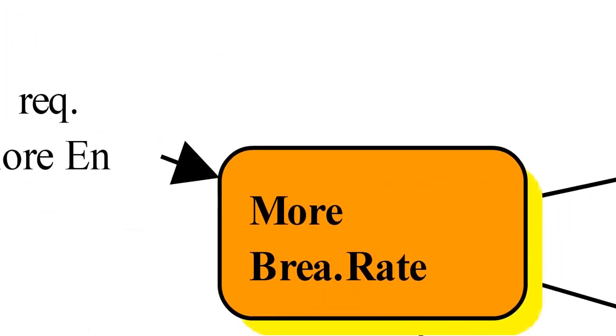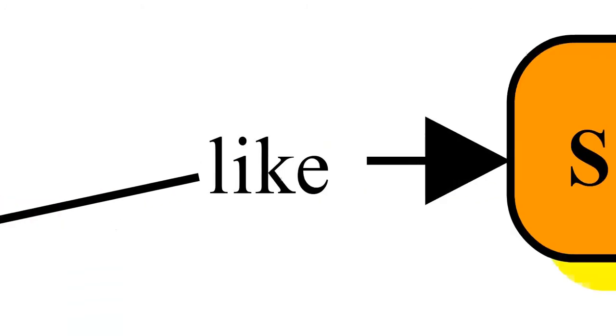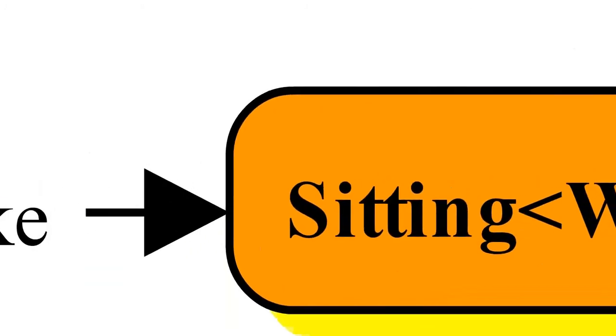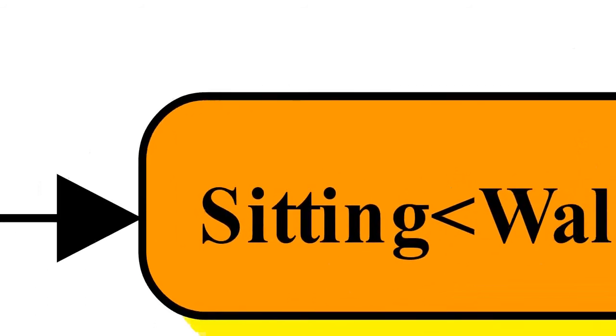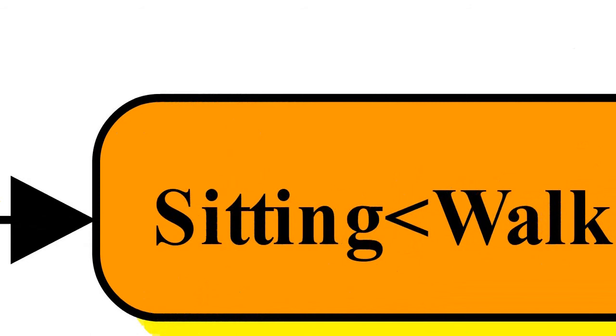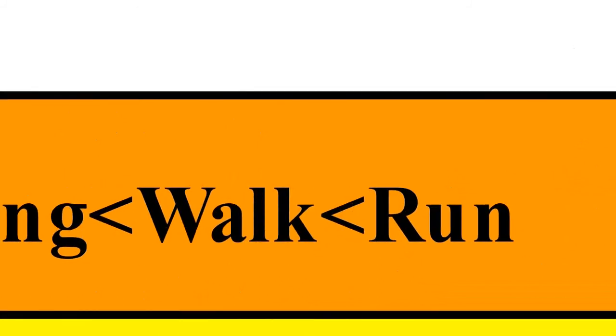More energy means more breathing rate. Sitting needs a lower, normal breathing rate. But walking needs more than the normal breathing rate, and running needs more oxygen than walking, which means it needs more breathing rate.